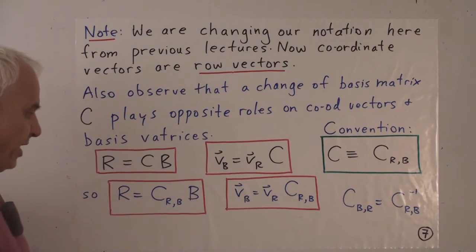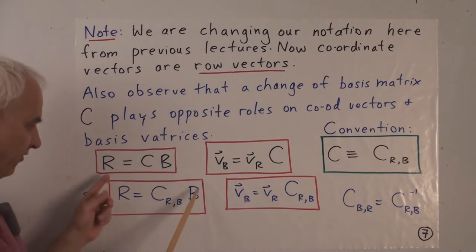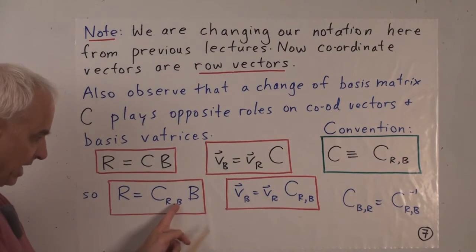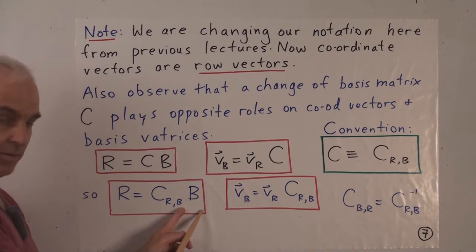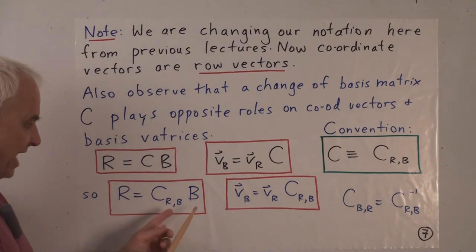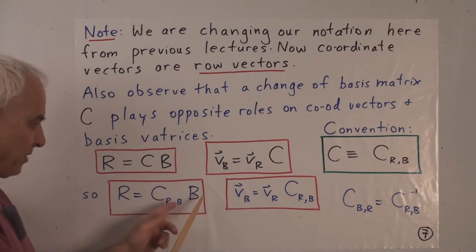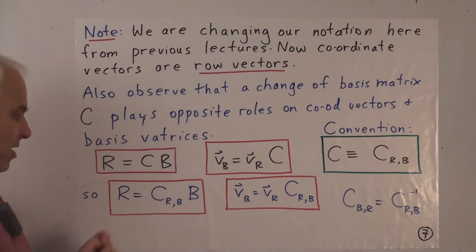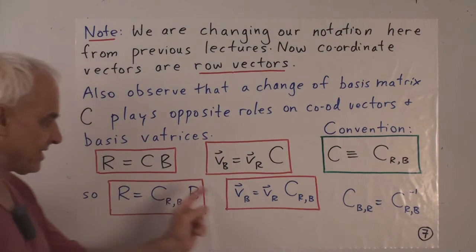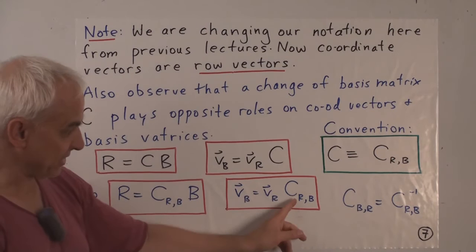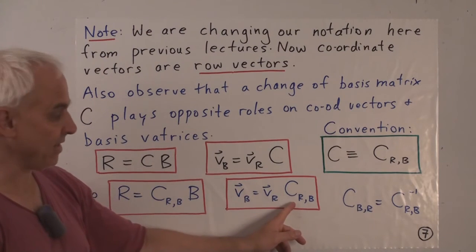Okay, let's look at these two equations. So notice in this one here that involves matrices, the B and the B here are together. So you can kind of think of them as canceling. The B and the B are together, they cancel, and we're left with the R. The same thing is happening on this side, except that now the C is on the right-hand side.